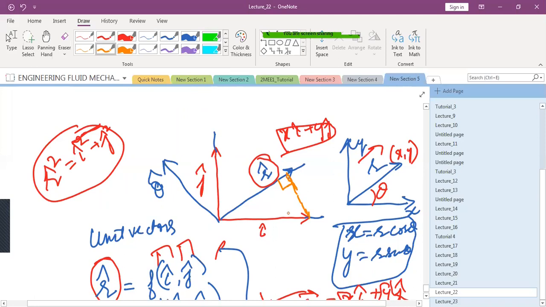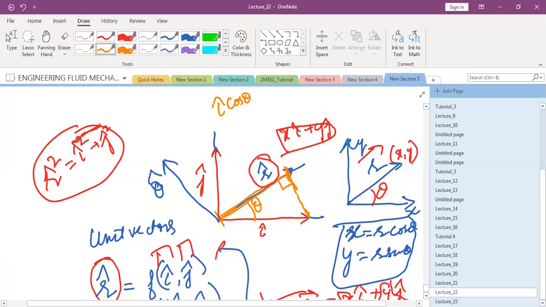What is this projection equal to? If this is theta, what is this projection equal to then? i cap cos theta.